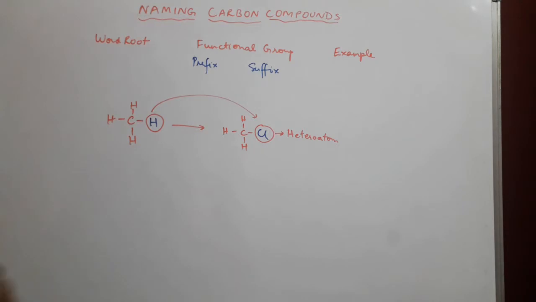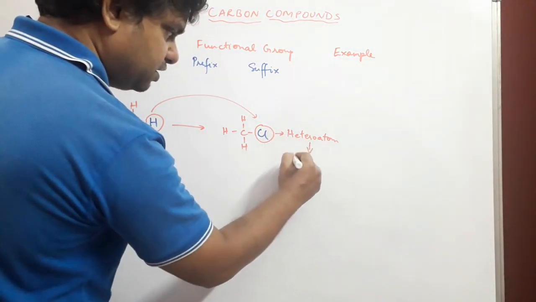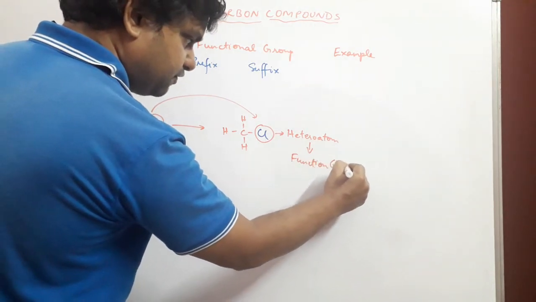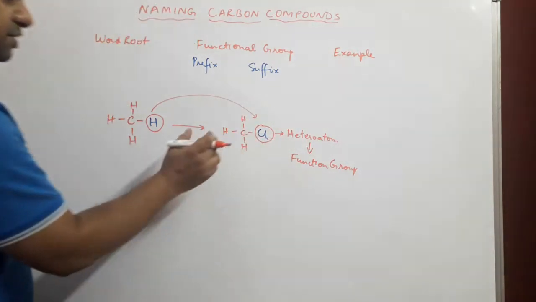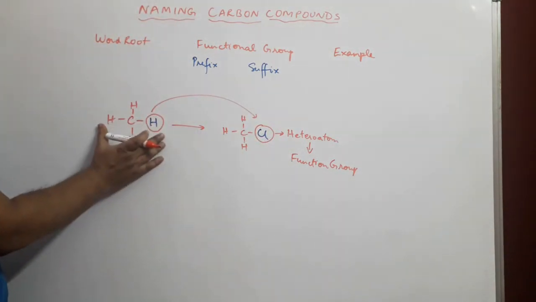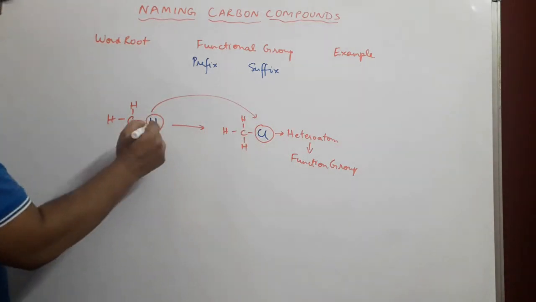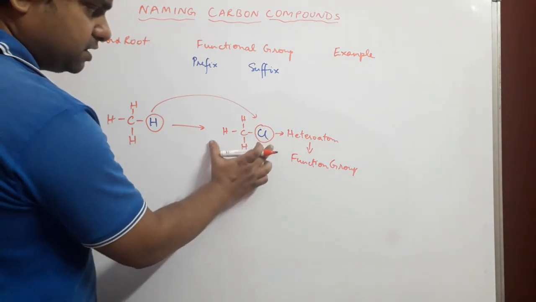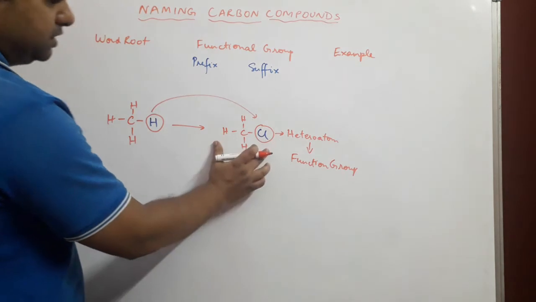And when that happens, this hetero atom is called a functional group, because it changes the function of the compound. When this hydrogen atom is replaced by this chlorine atom, the function of this compound changes.